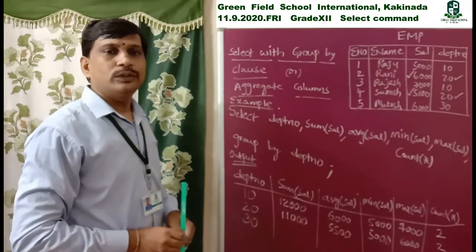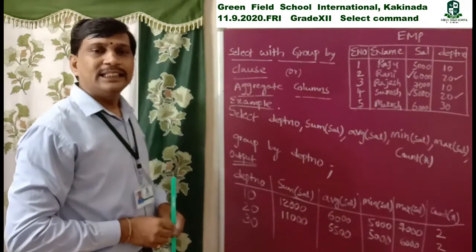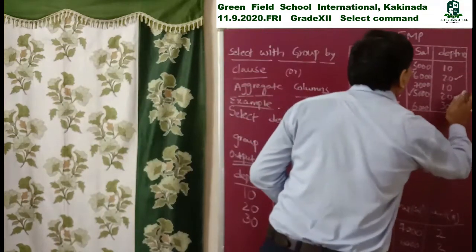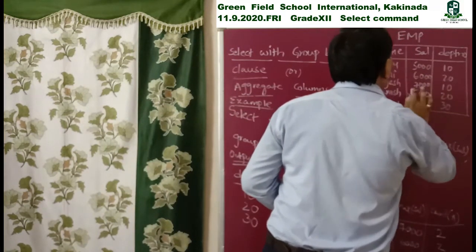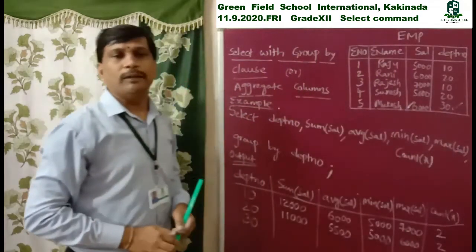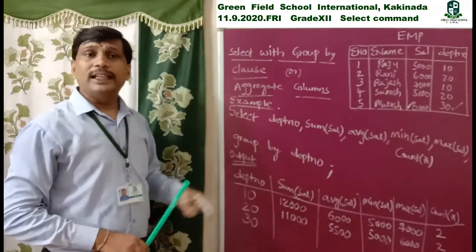Okay. Coming to the next, third one, the 30th department. For this 30th department, only 1 employee is there, only 1 value is there. No problem. We calculate all these values for a single input.